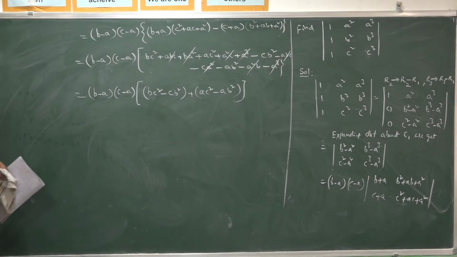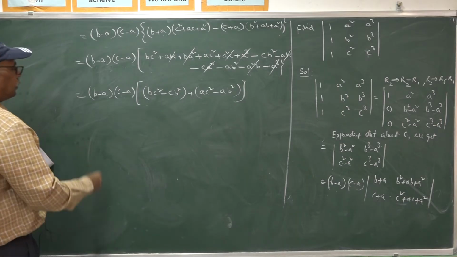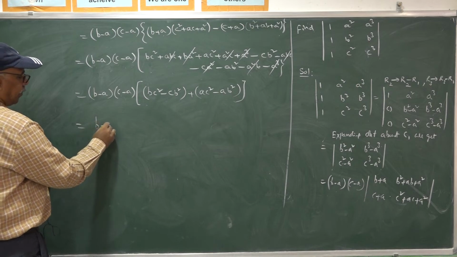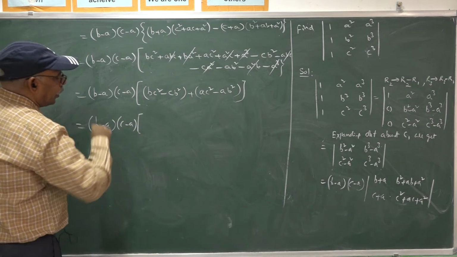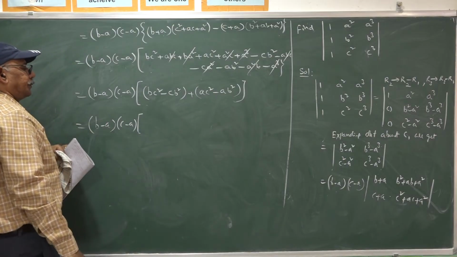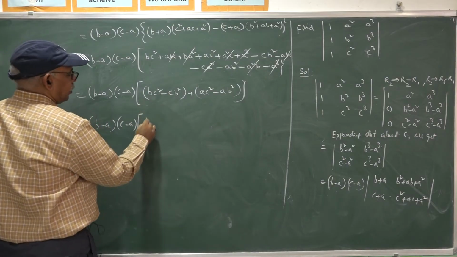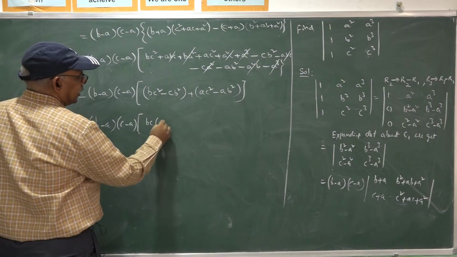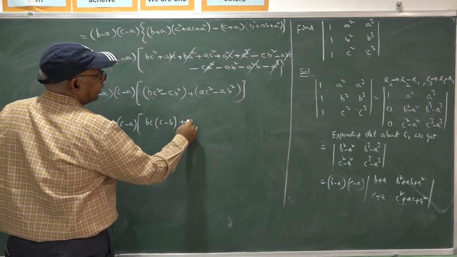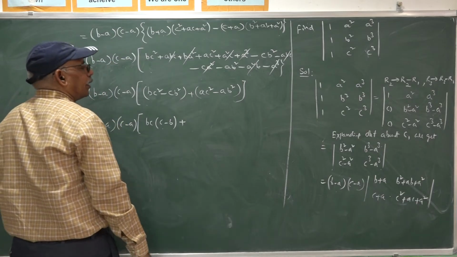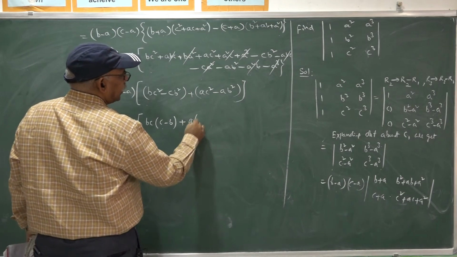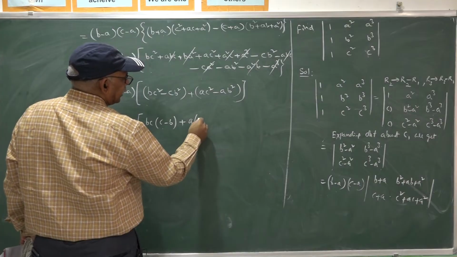This is B minus A into C minus A. Taking BC as common here, we get C minus B. Taking A as common, we get C square minus B square.